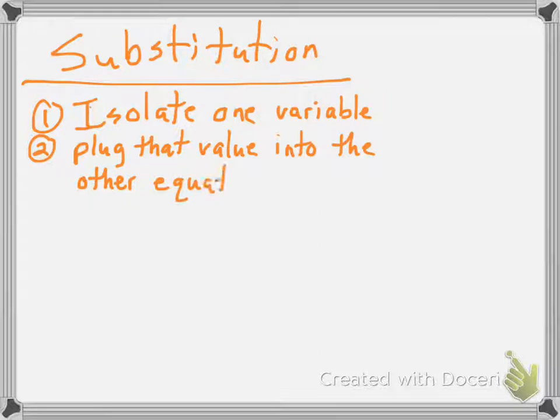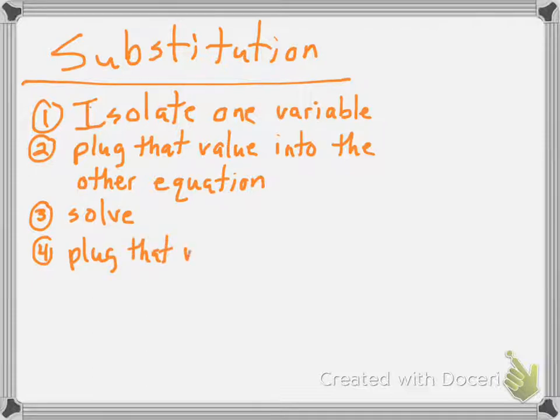So if you get that x equals y plus 1, then you plug in y plus 1 for x. Step 3, solve the equation you now have, because now you only have one variable. You can solve an equation with one variable. Then step 4, plug that variable that you just found back into the equation and find the second variable.